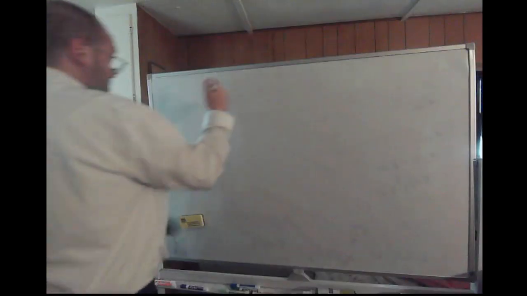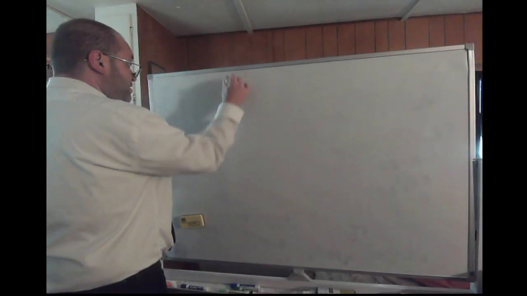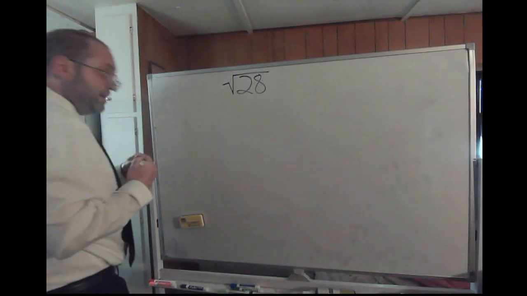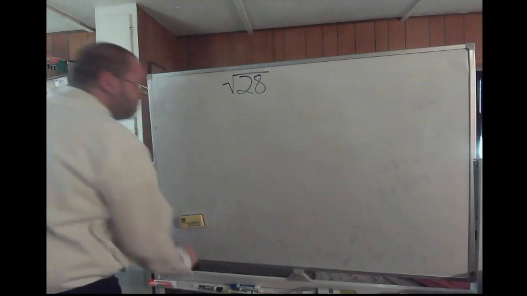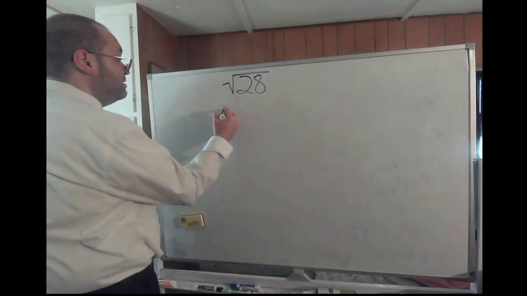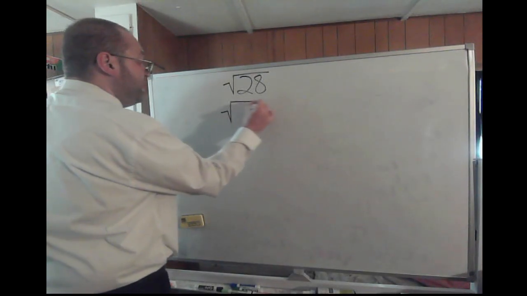Let's do another one here. How about the square root of 28? So in this particular one, we have the square root of 28. Again, we know 28 is not a perfect square, but we have a factor that is.